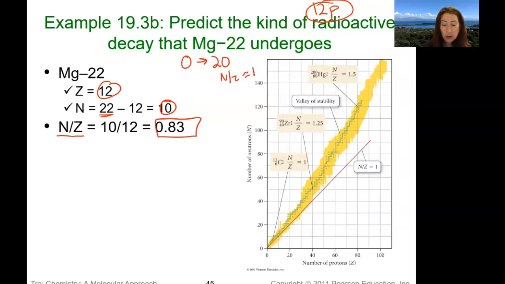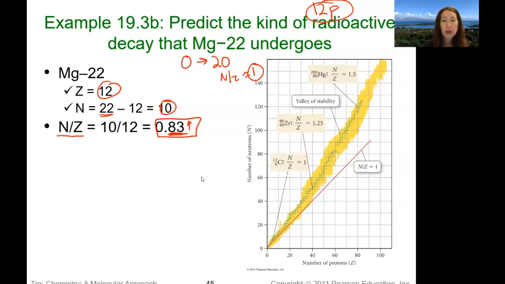So this should be 1 for a stable nucleus, but it's 0.83. This means our ratio is a little low. We need to increase our ratio to make it closer to 1. Remember, to increase the ratio, that's positron emission or electron capture.